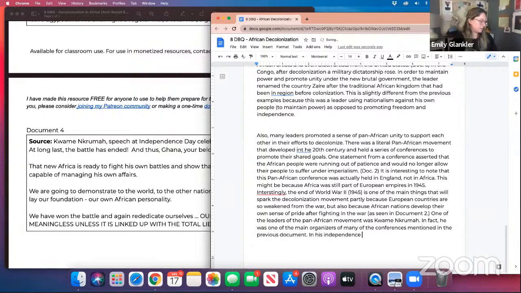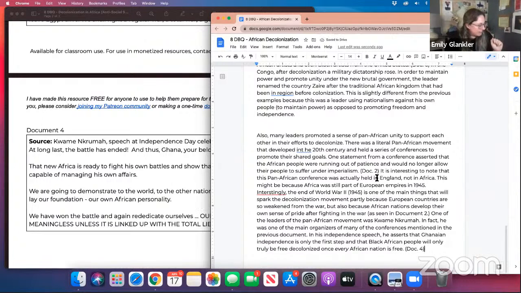In his independence speech, he asserts that Ghanaian independence is only the first step, and that Black African people will only truly be free and decolonized once every African nation is free. Notice I'm trying to use the word national or nation and decolonized throughout, just so I remind myself, this is what you're talking about, right? Document 4. Okay. I could hit that. I'll do that if I have time.